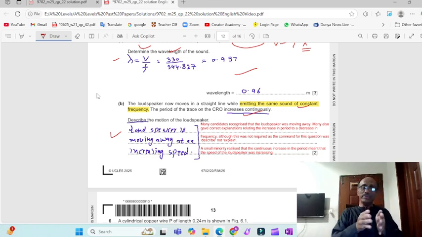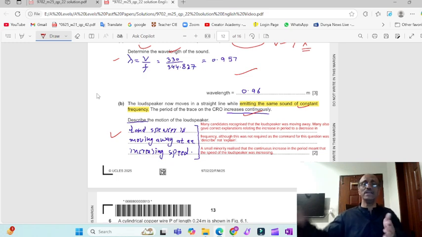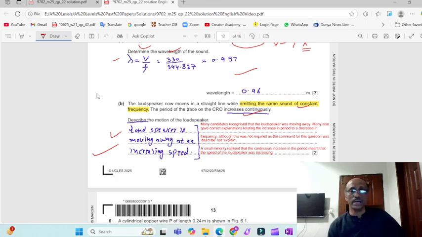So whenever an object moves away from the source, the wavelength will increase, frequency will decrease, and time period will increase. So this is the answer we got. Many candidates recognized that the loudspeaker is moving away. Many also gave a correct explanation relating to the increase in the time period and decrease in the frequency, although this was not required by the command word describe.